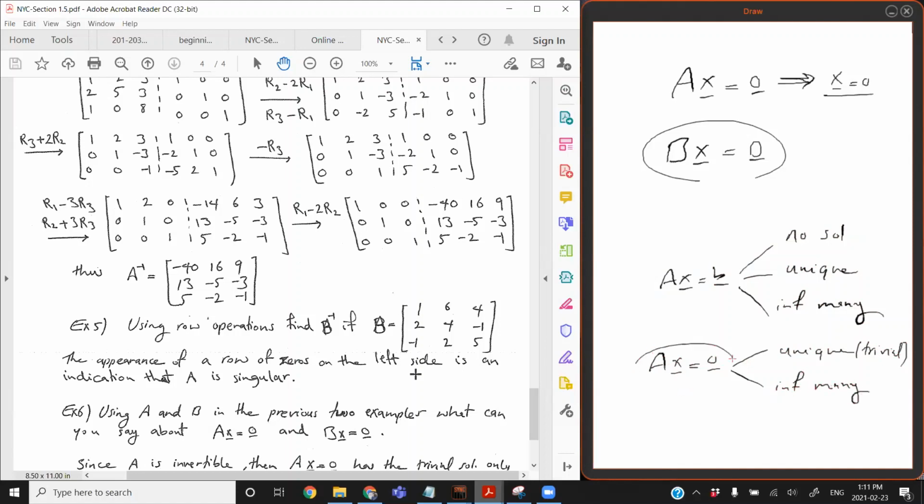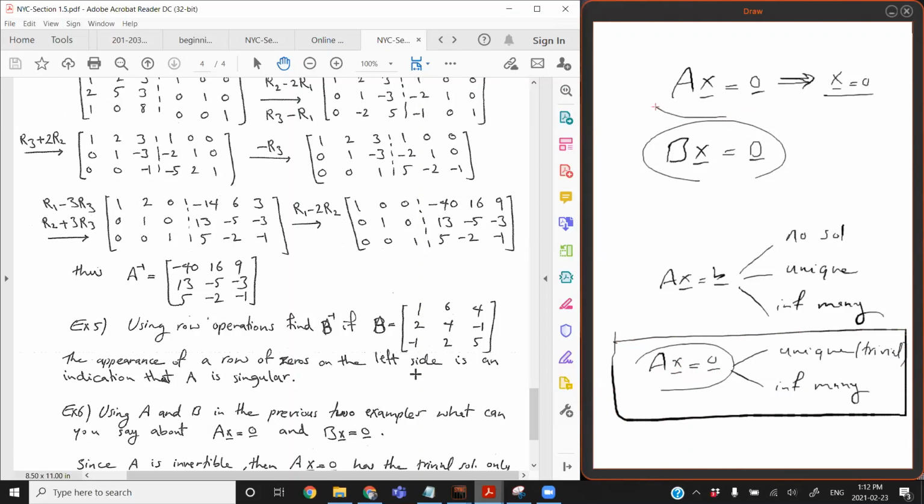Because a homogeneous linear system cannot be inconsistent. It is always consistent because the trivial solution is always there. If I replace x by 0, I would get A times 0, and any matrix times 0 is 0. So for a homogeneous linear system, the no solution possibility is out. It either has a unique solution, the trivial solution, or infinitely many.